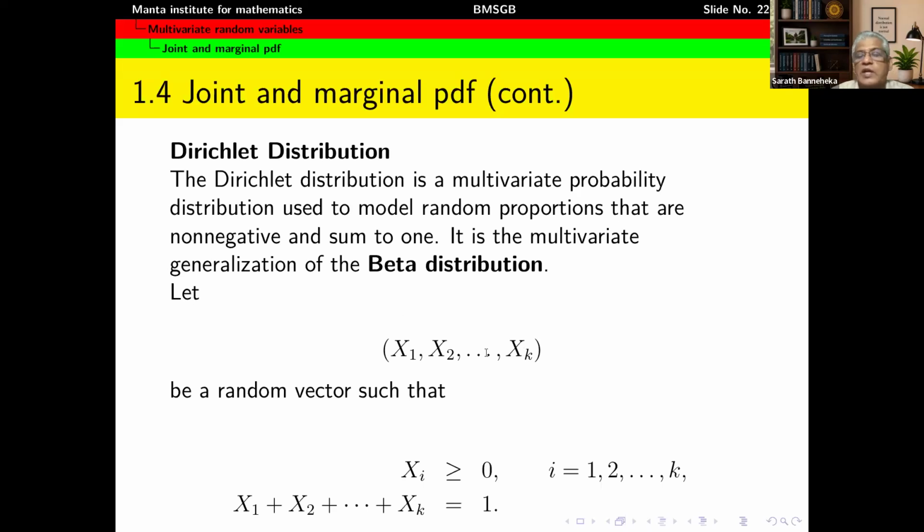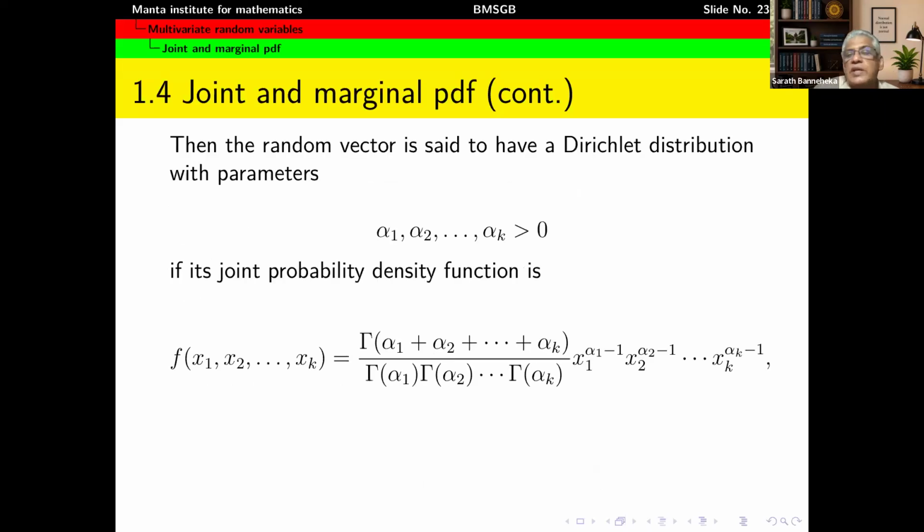In that case, the density function of the Dirichlet distribution is given by this formula here. The random vector x1 up to xk is said to have a Dirichlet distribution with k parameters, given by this density function.